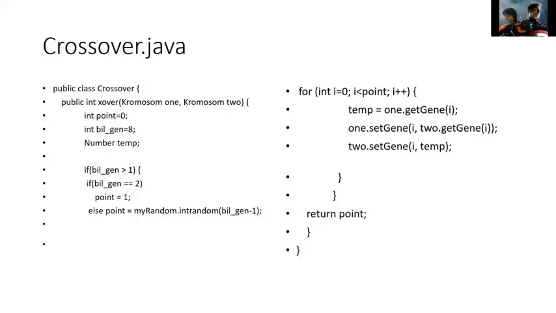So for the first chromosome, we store it inside the temporary, and then we set a new gene again for number 1. How do we set? We choose from chromosome number 2 at the 0.5. After 0.5, all the genes behind in number 2 will be put inside number 1. And then number 1 also does the same, swapping inside number 2. So this is how crossover is done inside. And then we return the point.